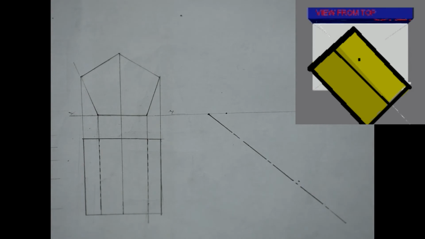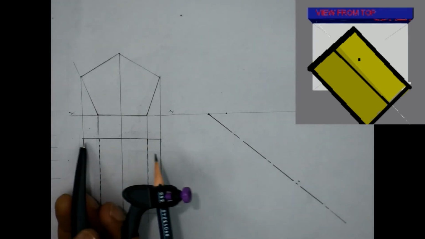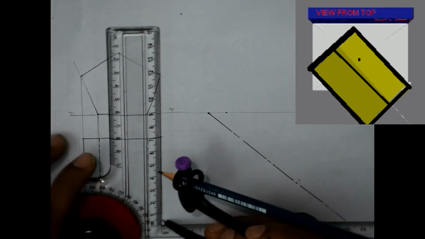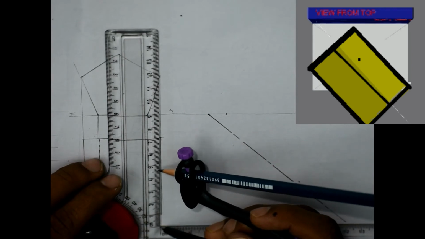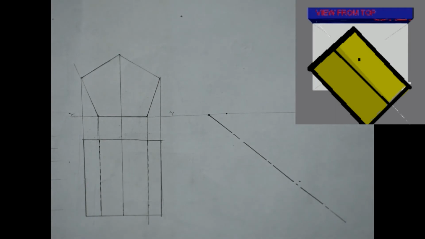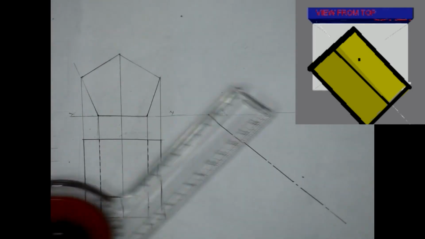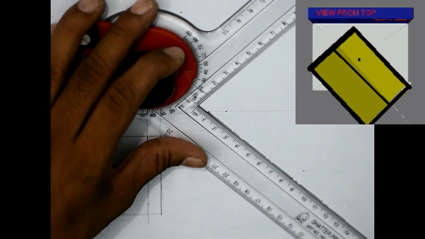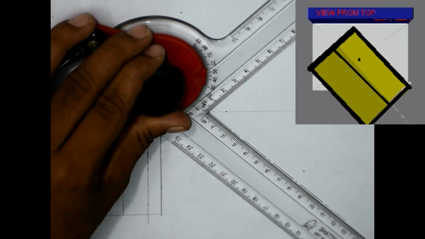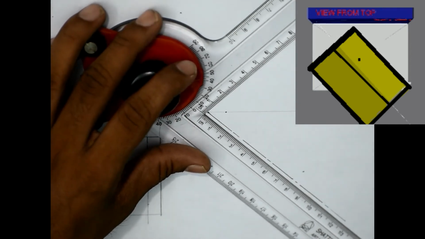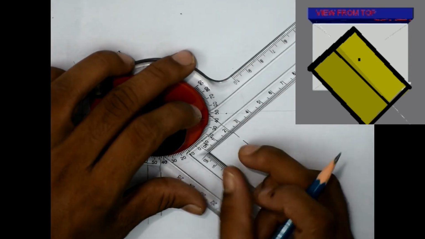So I need to measure its dimension. It is 47. So I am aligning the drafter scale with the axis line, which means that it's making an angle of 45 degree to the VP. And here you need to carefully observe that I will draw half portion here and half portion here.